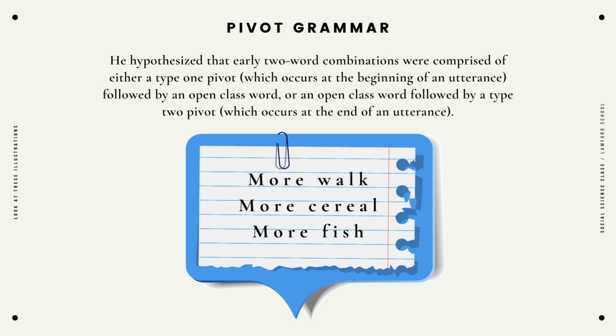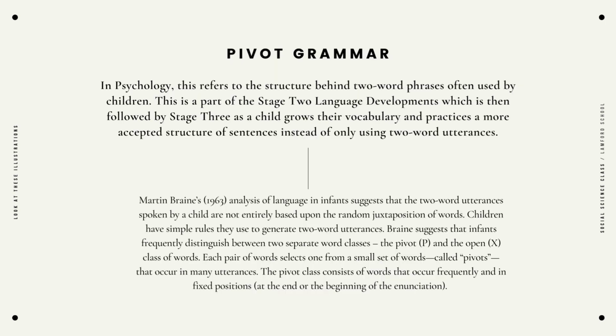While the open class words, walk, cereal, and fish, are at the end of the utterance and as well can be replaced. Going back to this, according to Braine, this rule is one of the most fundamental bases of the internal rules of grammar.